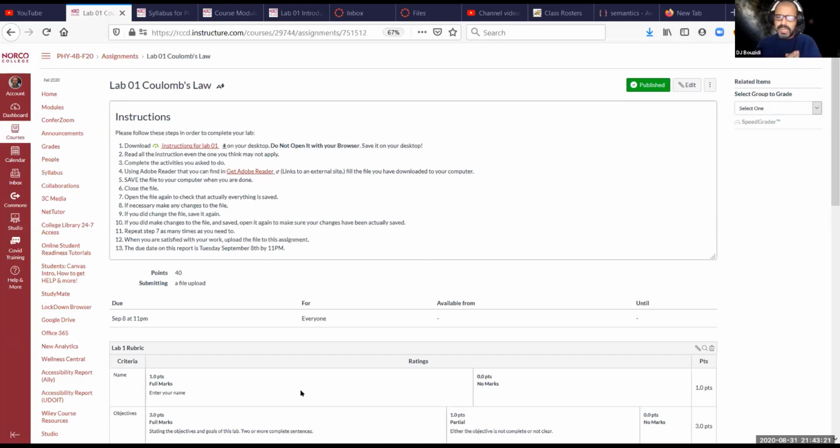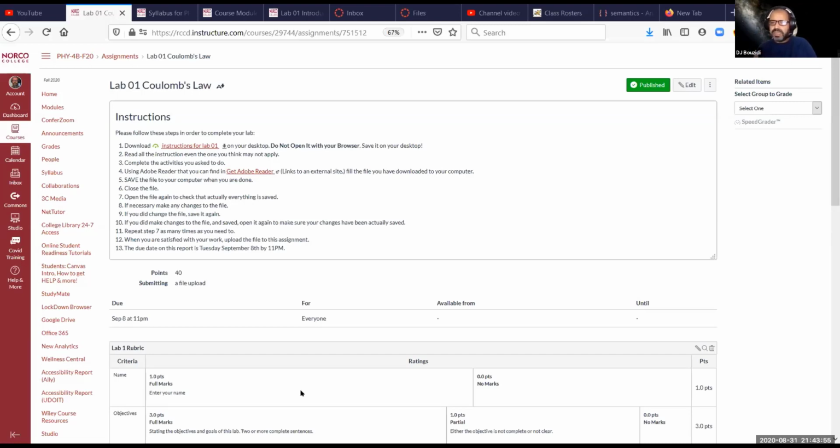So start filling in the file, follow the instructions, and when you're done, save the file. Do not assume that autosave is on your computer. Save the file, then close it after you save it, and open it again just to check that what you did is still there. That is because, like I said, you're on the deadline, you still have a few minutes or a few hours to finish, and the file may not be saving for you for one reason or another.